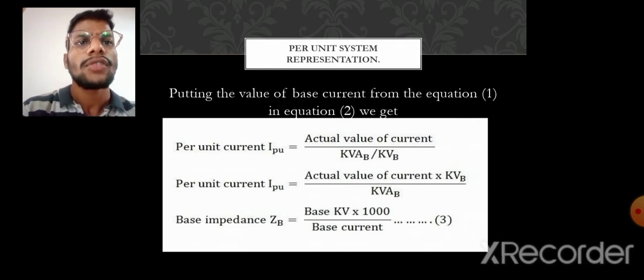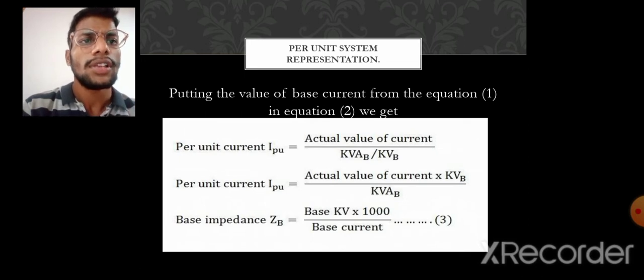Putting the values of base current from the first and second equation, we get per unit current is equal to actual value of current into kV base by kVA base, and base impedance Z_B is equal to base kV into 1000 by base current. This is the third equation.